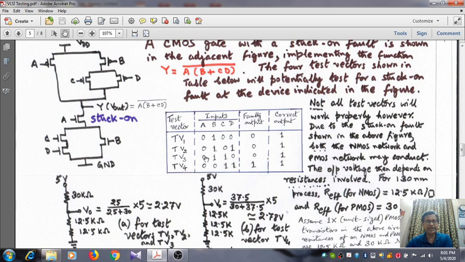So in all the three cases corresponding to the test vectors 0100, 0101 and 0110, there are two NMOS transistors in series, A or B, A and B, like that.